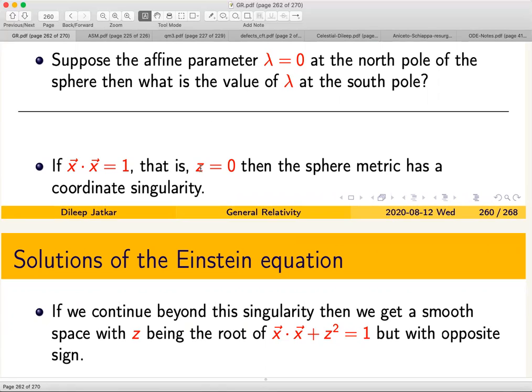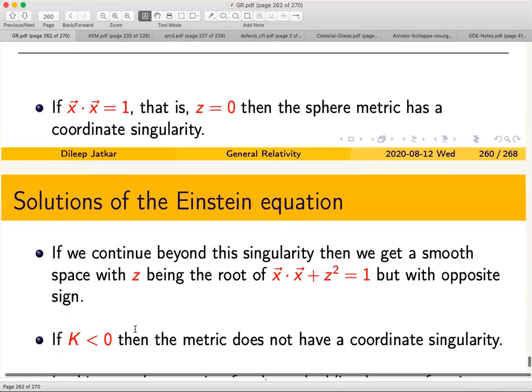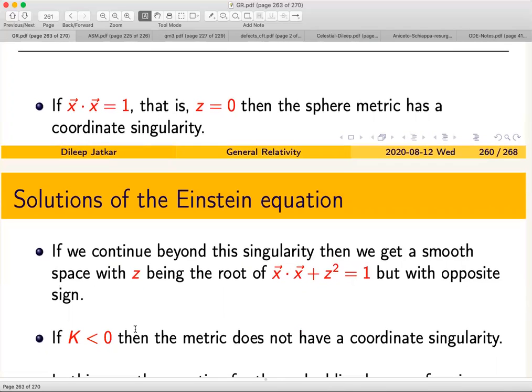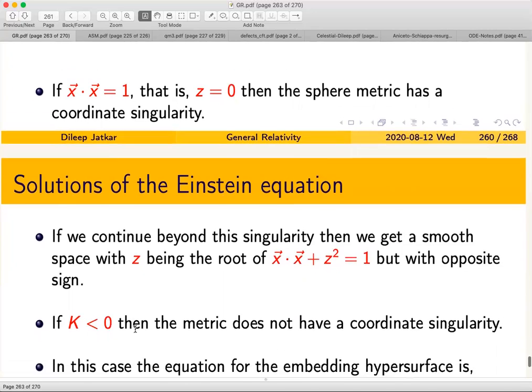Now remember, even if z changes sign, this equation has no sign dependence because it involves z squared. So if you want to go beyond this point, all you need to do is just flip the sign of z. So you can smoothly continue your geodesic beyond x dot x equals 1 by just changing the sign of z.